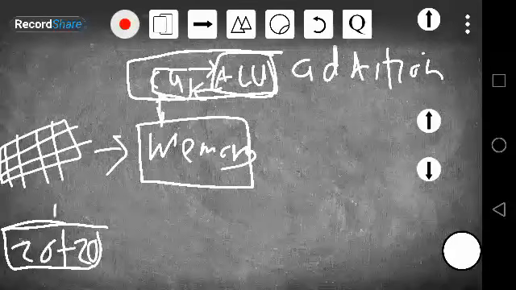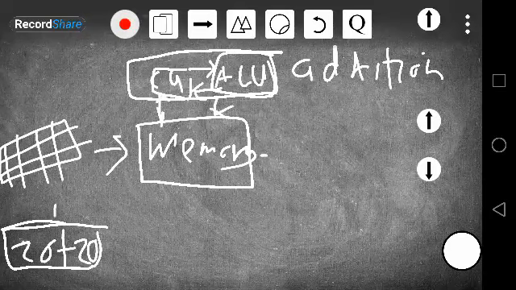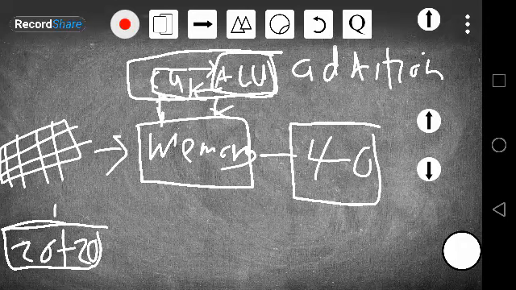Since the control unit is the one that manages the command, the command is sent to the control unit, and the control unit sends it to the ALU for performing addition. After the ALU finishes, it sends back to the control unit, and the control unit then sends back to memory. This is displayed as output 40. So these are the steps involved in performing a calculation.